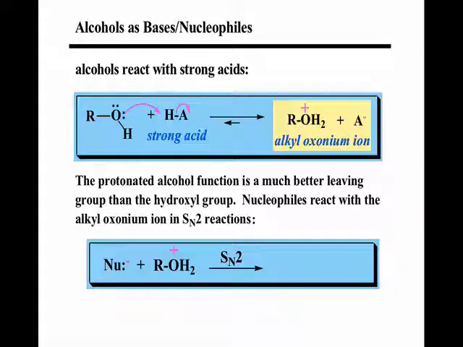And one can imagine that some nucleophile could come in and react in an SN2 fashion and displace water as a leaving group, and you can form a new carbon-nucleophile bond. In theory, we can do that, but there are some problems with that. Can anybody tell me what the problem might be?